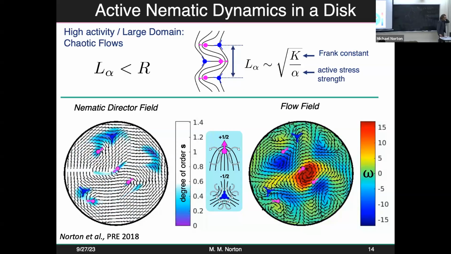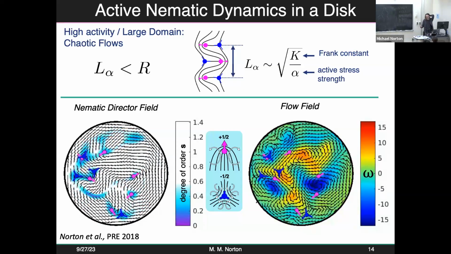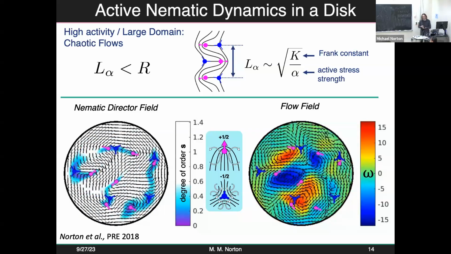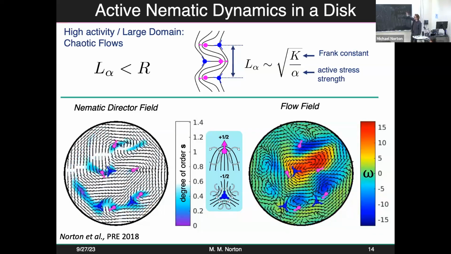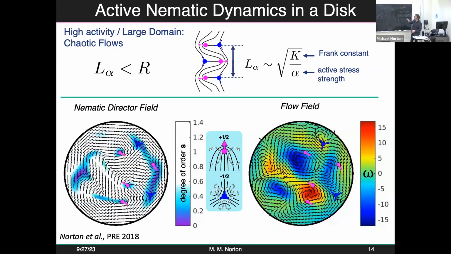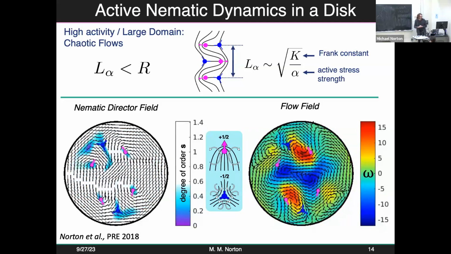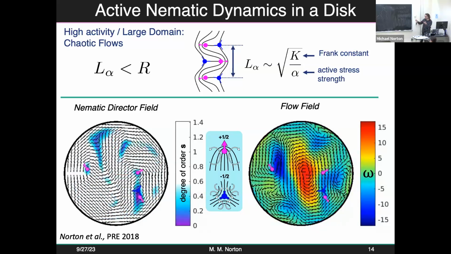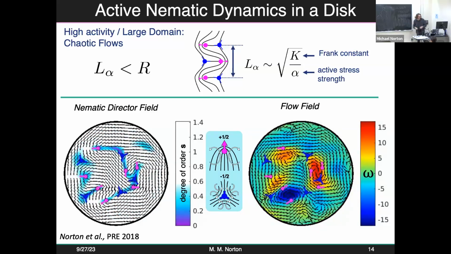And in this system, there is a characteristic length scale that you can pull out using dimensional analysis called the active length scale. It goes as the square root of the elasticity of the microtubule network over the active stress strength. So as the active stress strength goes up, that length scale shrinks and you get more defects closer together.